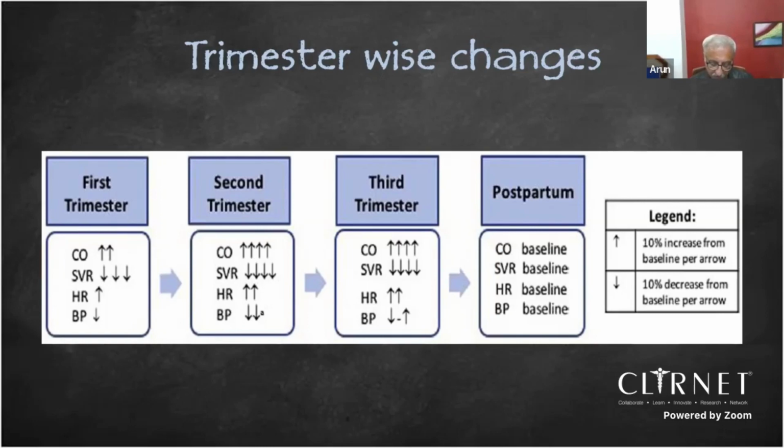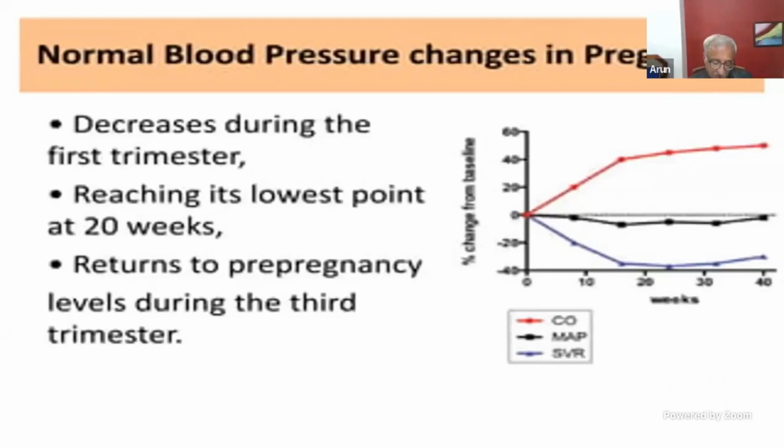And they try to come back to normal in third trimester. So every arrow means 10% increase or 10% decrease, depending on whether it's up or down. Now, all these things decrease during the first trimester, reaching their lowest point around 20 weeks.